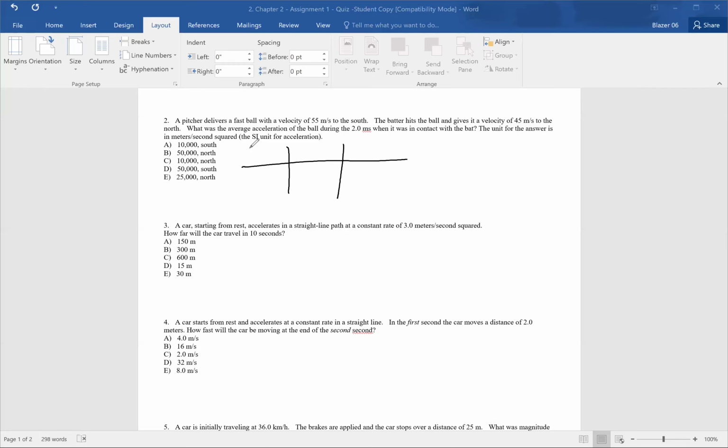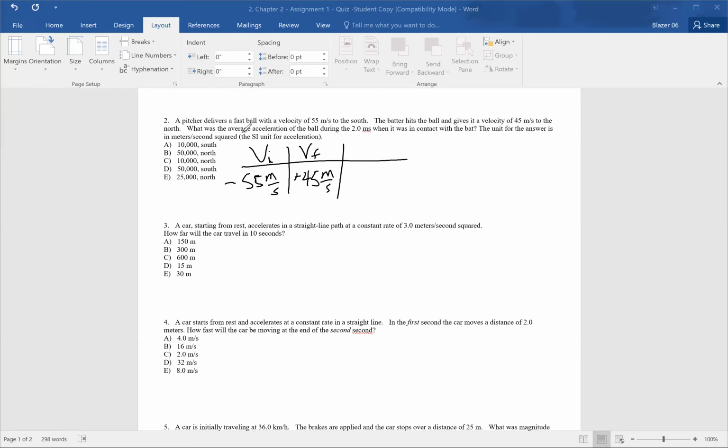So that means that the initial speed is 55 meters per second, and it's negative because it's to the south, and it's velocity, it's a vector. The batter hits the ball and gives it a velocity of 45 meters to the north. So my final speed is positive 45, and that's because north is up, and that's positive.